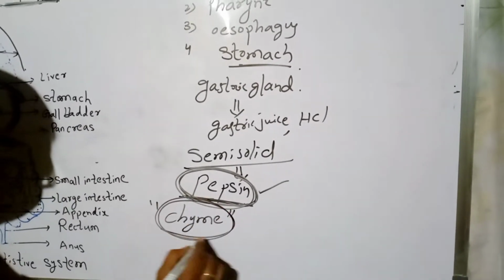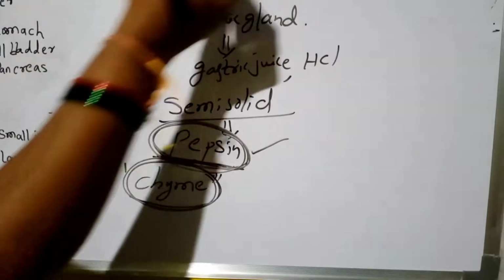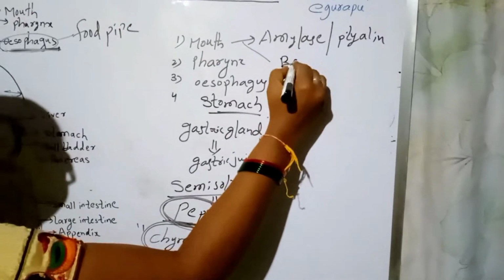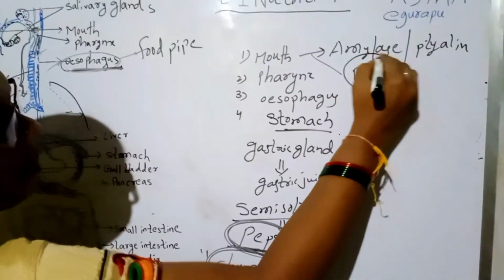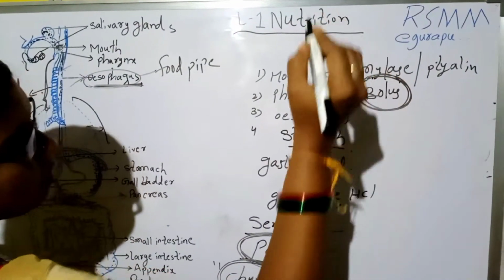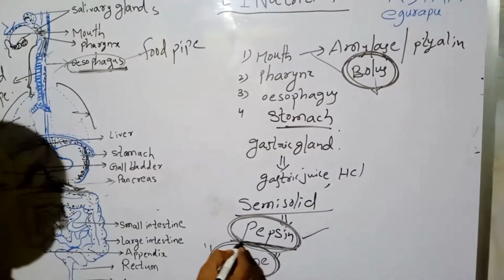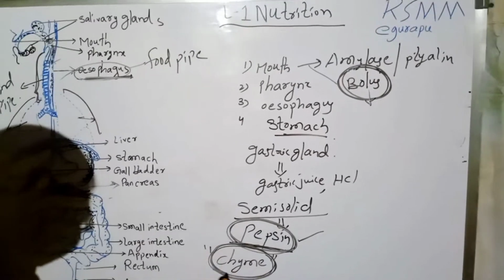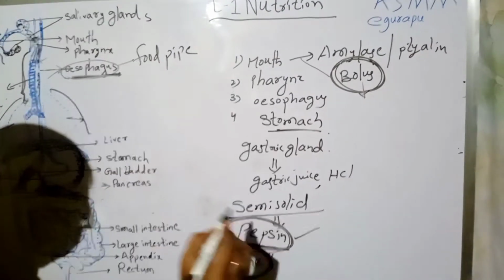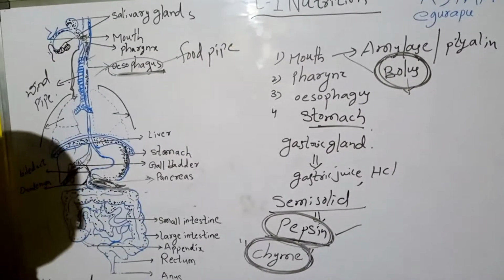Remember, children? We studied bolus earlier. Food mixed with saliva becomes bolus. And here food is churned with HCl, and the carbohydrates and proteins are broken down and it becomes chyme.